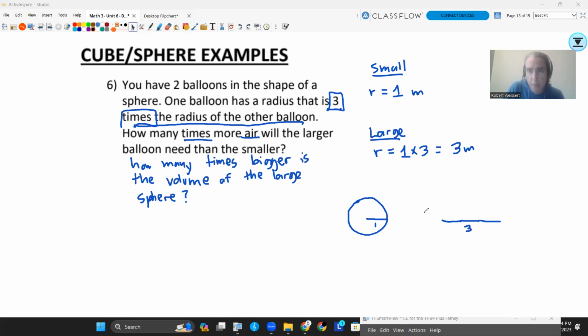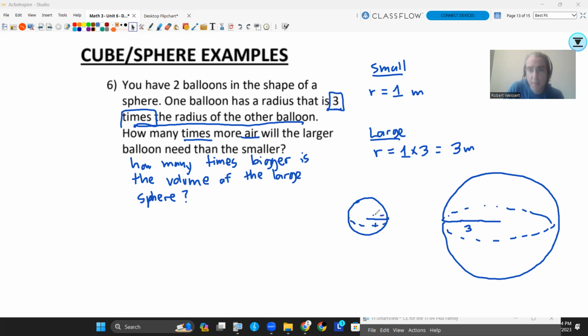It looks like that's about 3 if that's 1. And if I make my sphere have a radius of 3, that means its volume is going to be a lot bigger than 3 times that. Think about it, I could fit a lot of these inside of here. So the question is, how do we calculate that?